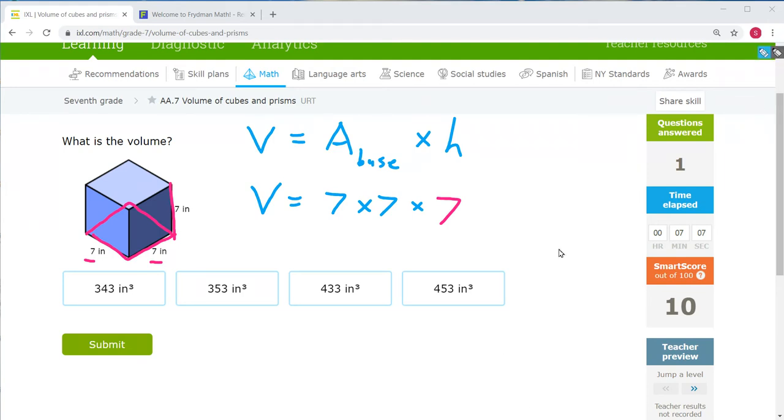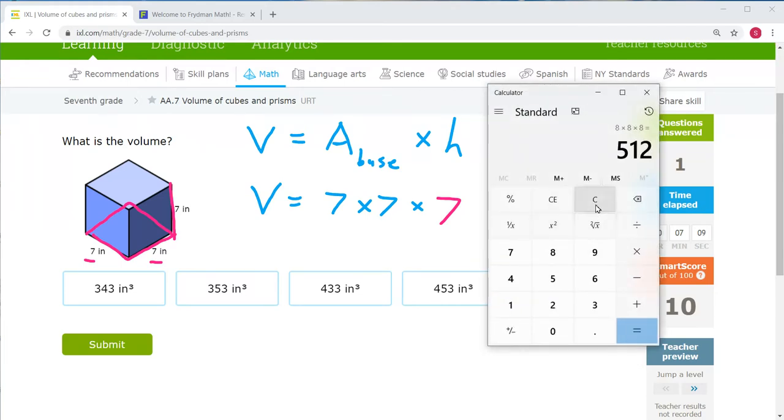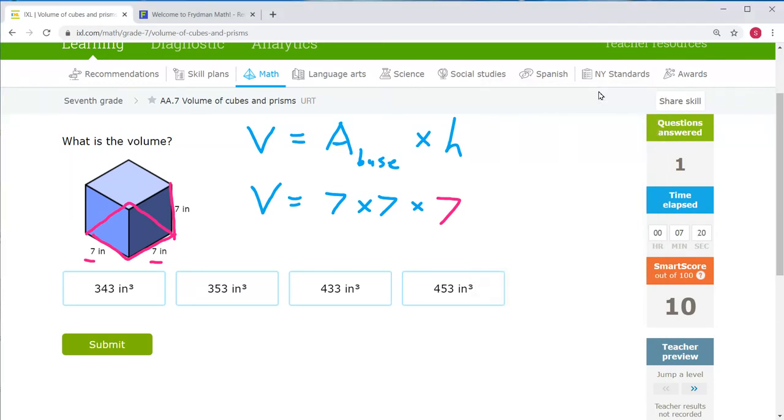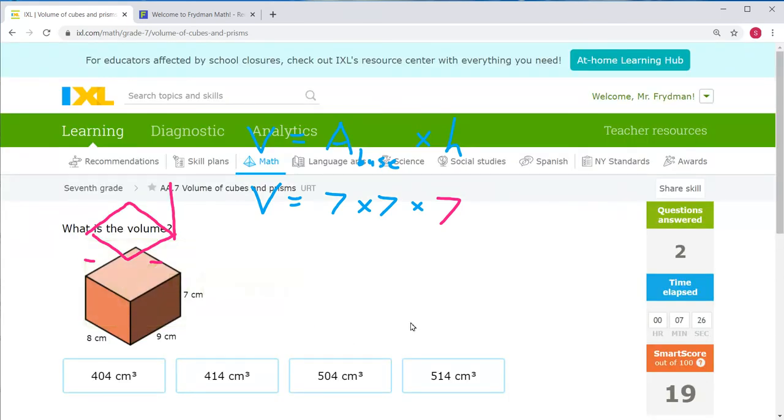So 7 times 7 is 49, times another 7, we will get 343. All right.